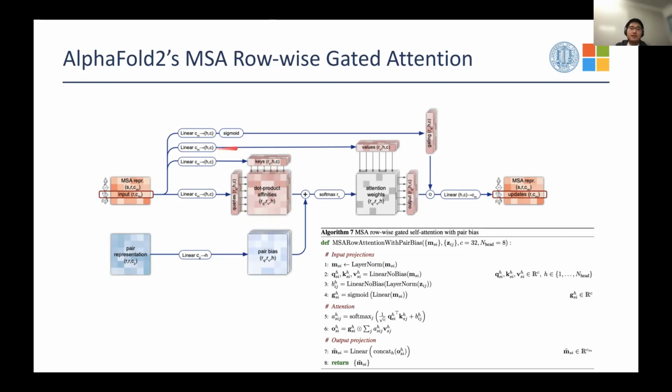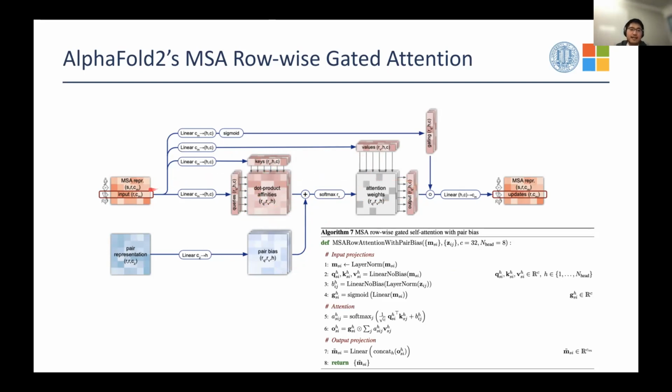Similarly for the value part, together with the pair bias added to the dot product affinities, we come to a softmax layer and get the final attention weights, with the final output of R, H, C.